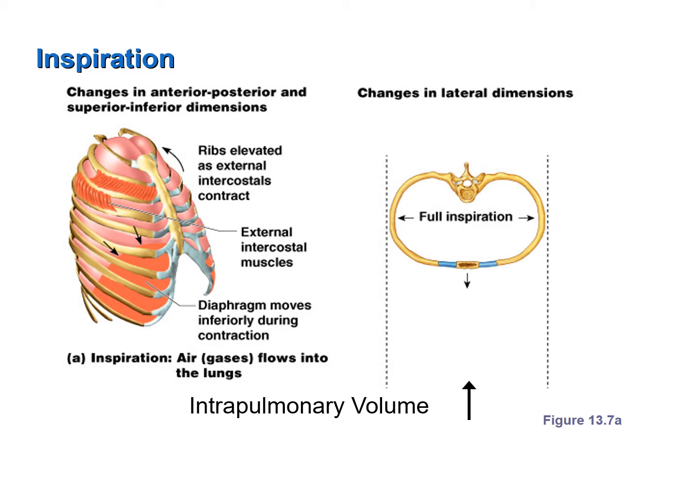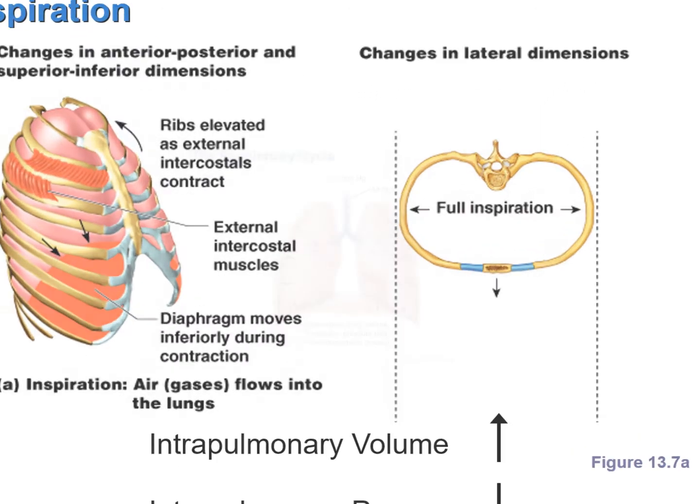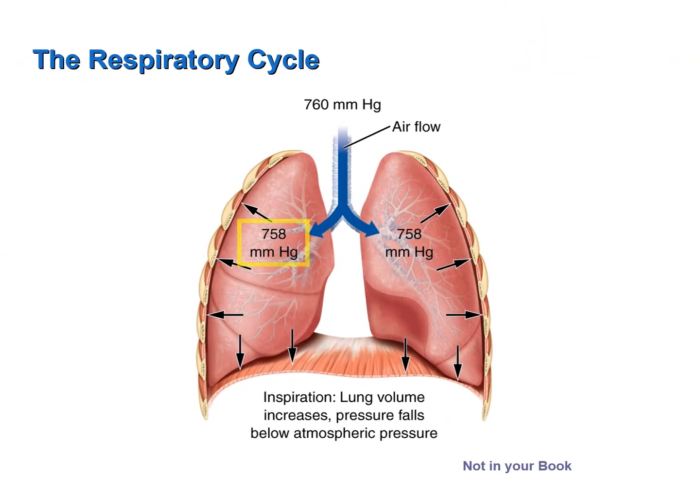As the volume increases, there is a decrease in intrapulmonary pressure, or the pressure within the lungs. With the intrapulmonary pressure now lower than atmospheric pressure, air moves from high pressure to low pressure and into the lungs.